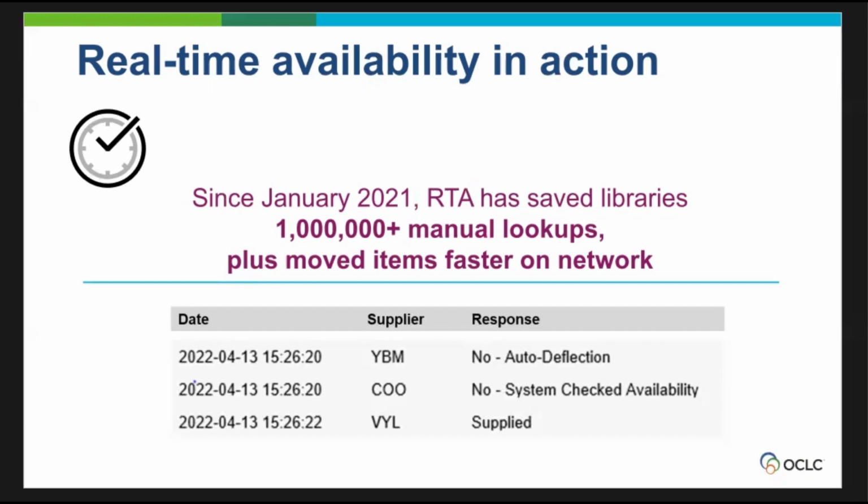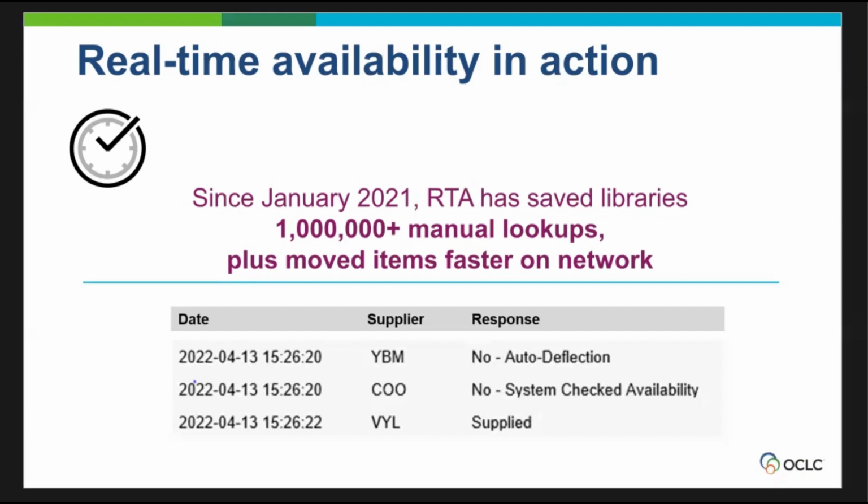I'll work on it. I think what we're really trying to show here is how long it sat with each lender. It got to the ultimate supplier in 2 seconds. If they hadn't had that auto deflection, they would have had to look it up.